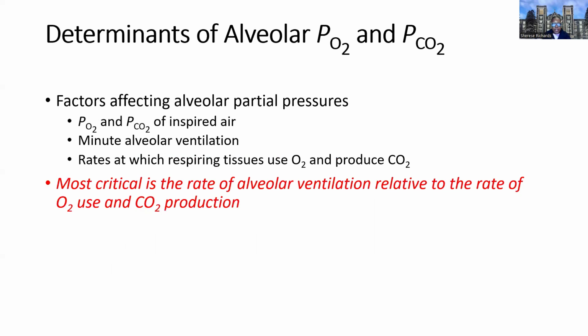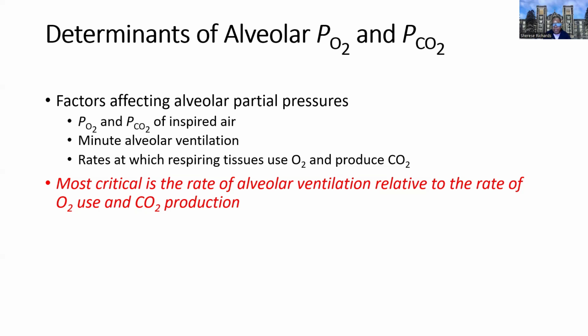What are some of the factors that affect the partial pressures, the alveolar partial pressures? And so the alveolar partial pressures are going to be, again, where we see a gradient between the atmosphere and what's happening in the alveolus, which is what facilitates the diffusion for oxygenation at the lungs and for dropping off CO2 also happening at the lungs.